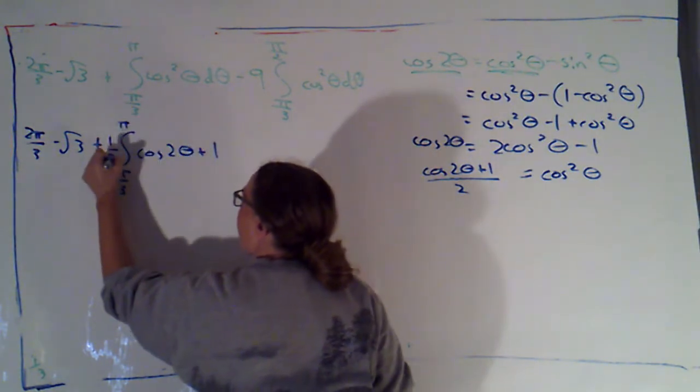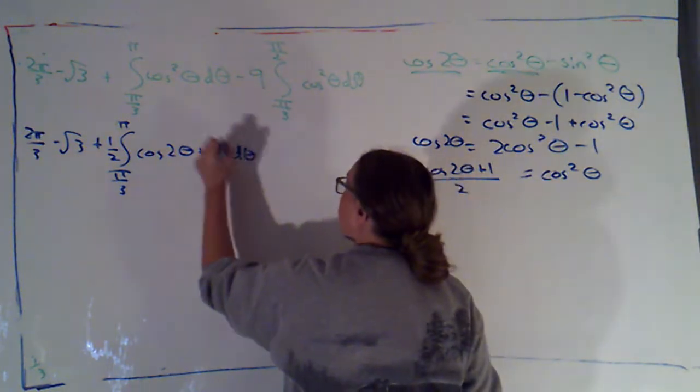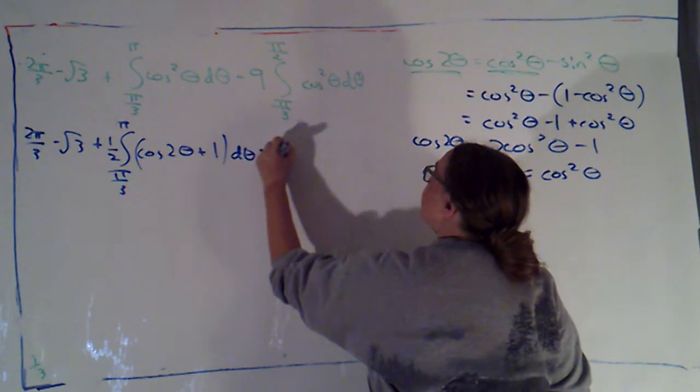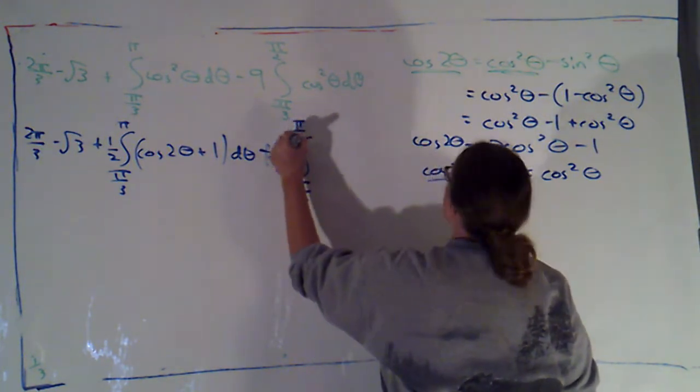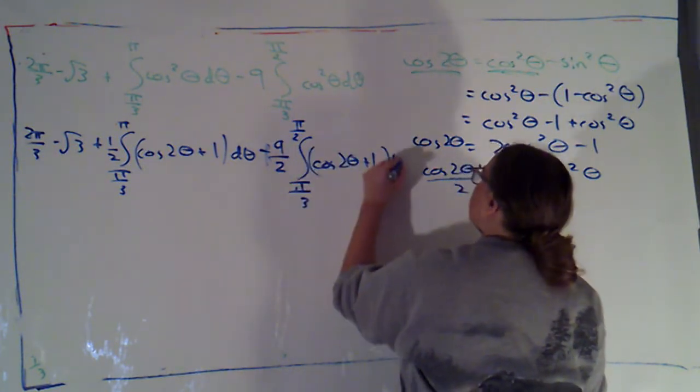I'm going to just go ahead and factor that 1/2 outside of the integral. Same thing here, so that's going to make it minus 9/2 the integral from pi over 3 to pi over 2 of cosine of 2 theta plus 1 d theta.